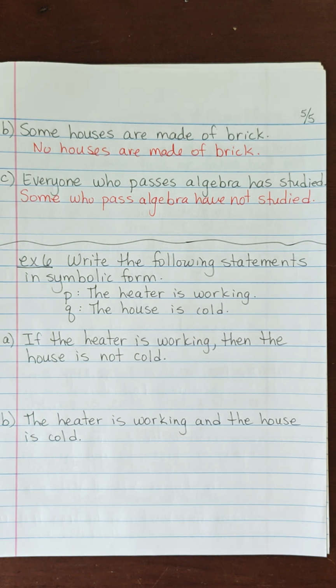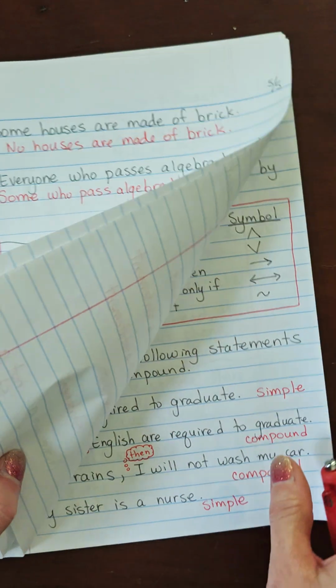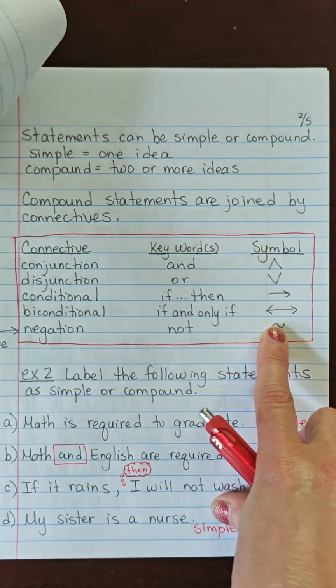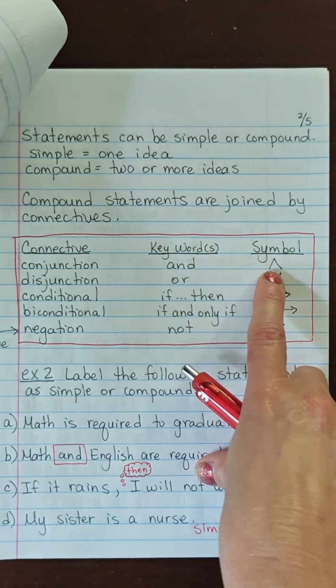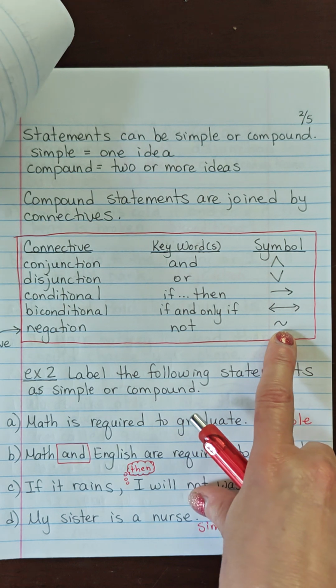Okay, last example. We're going to write the following statements in symbolic form. This is setting us up for the future sections in this chapter where we're going to use truth tables and a lot of symbols. Now, when I say symbolic form, I'm talking about these symbols over here that we talked about. So the conjunction uses this symbol, the disjunction, conditional, biconditional, and negation.